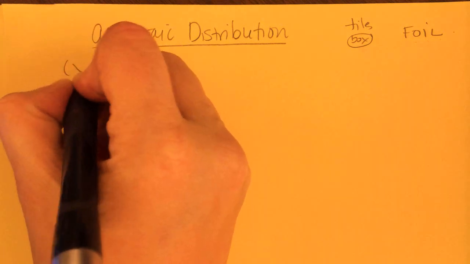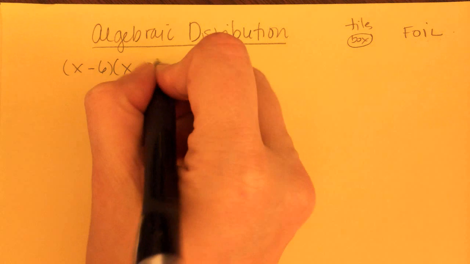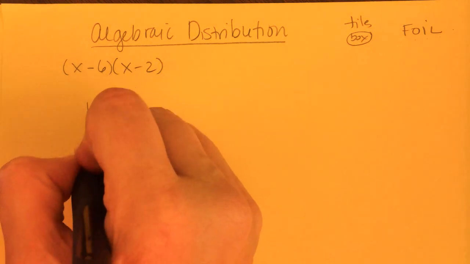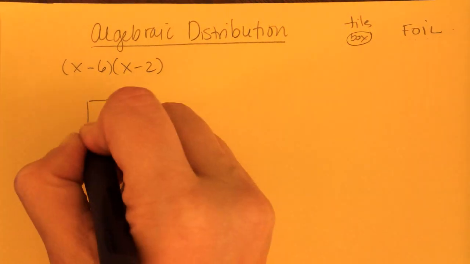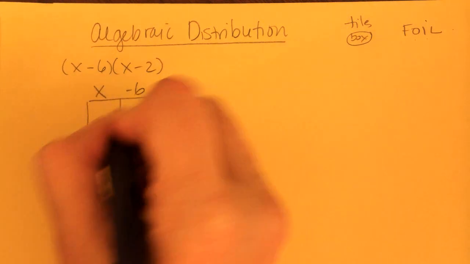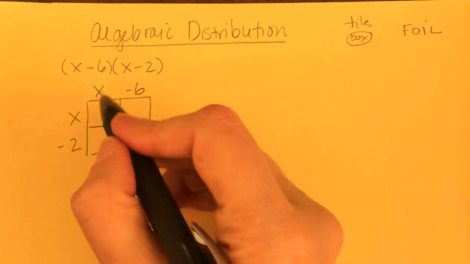So if I had this, x minus 6 times x minus 2. If I was solving this using tiles, I would draw a bunch of tiles, and I'm not going to do that. If I was solving this using the box, I would draw a box, and I would put one of them on the top, one of them on the side, and then I would multiply each thing together.